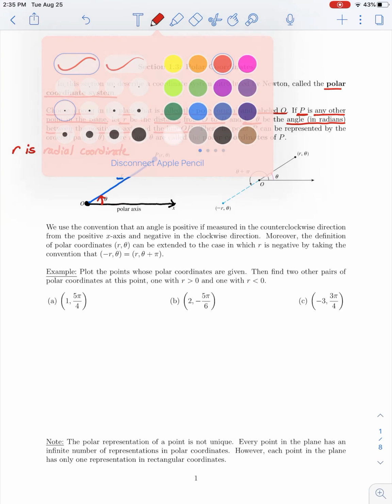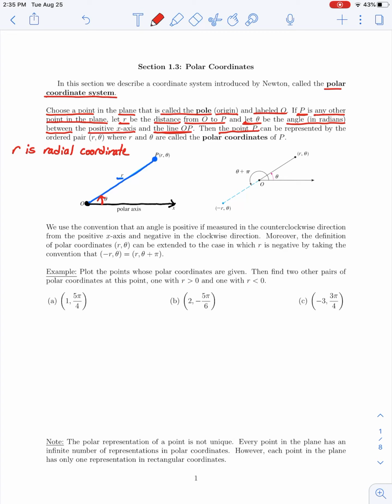So this point, P, can be represented as an ordered pair, (r, theta), where r and theta are called the polar coordinates of that point P. As I mentioned, r is called the radial coordinate, theta is sometimes called the angular coordinate.